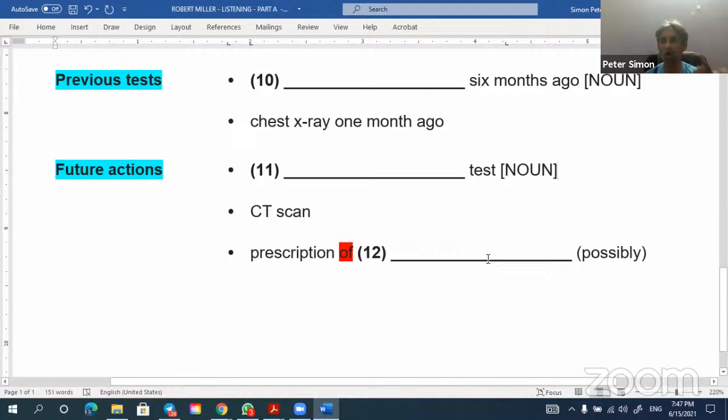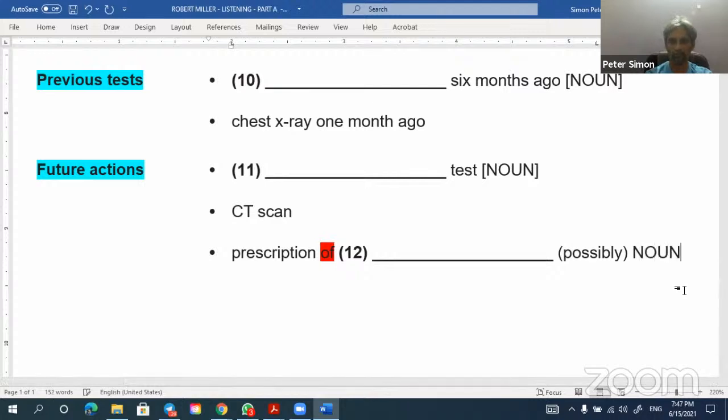Of, before and after of. So that is noun. Now here, dash test is completely a noun, dash test. So name of the test. What is the name of the test?